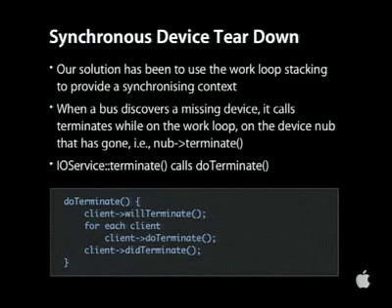It essentially just does a head first recursion with will terminate calls and tail recursion on did terminate. You can rely on will terminate messages turning up in your driver before any of the clients get will terminate, and you can rely on did terminate after all of your clients have got their notifications.